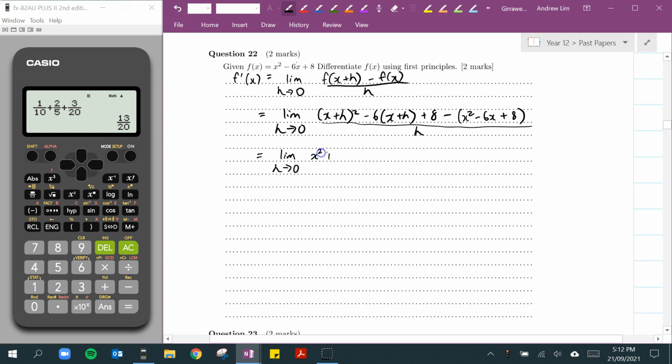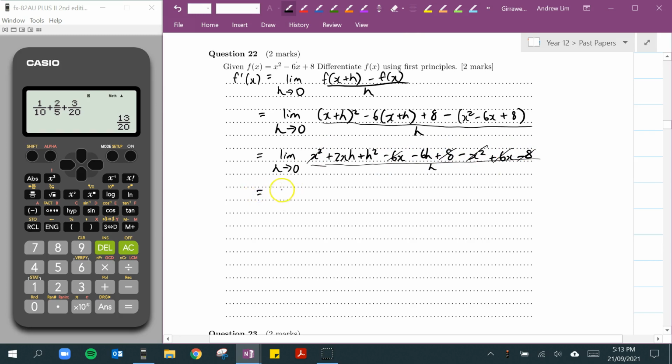So that gives me x squared plus 2xh plus h squared minus 6x minus 6h plus 8 minus x squared plus 6x minus 8 all over h. Okay, x squareds cancel, minus 6x and 6x cancel, and 8 and minus 8 cancel.